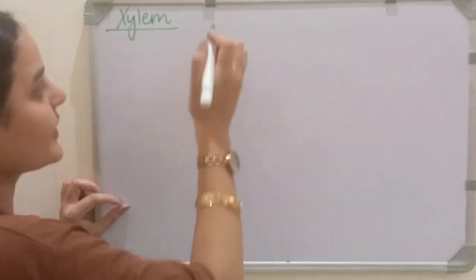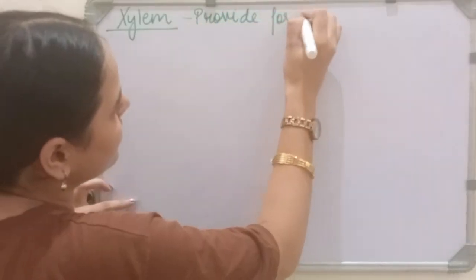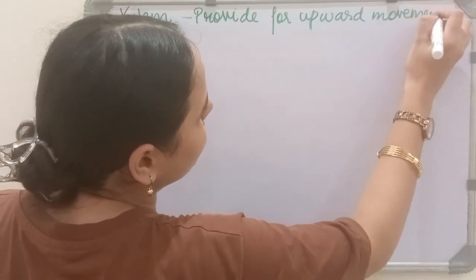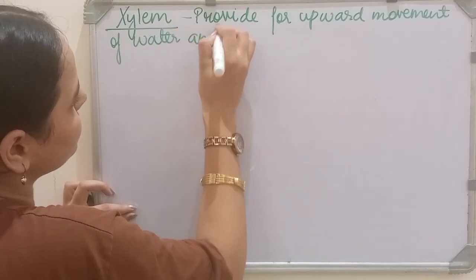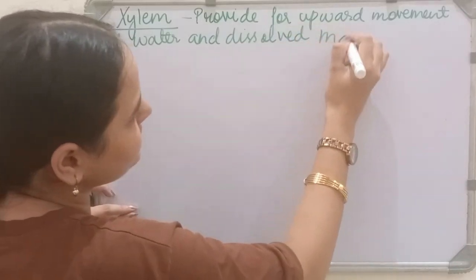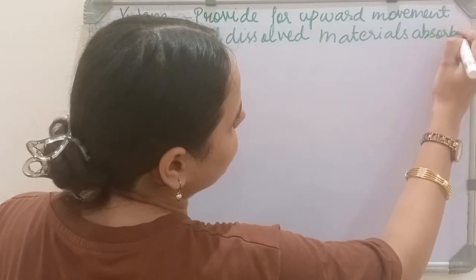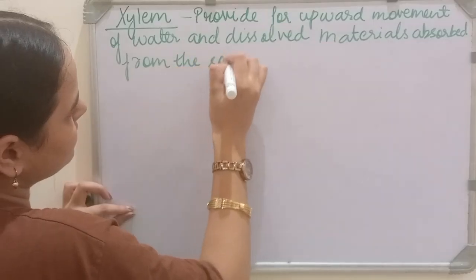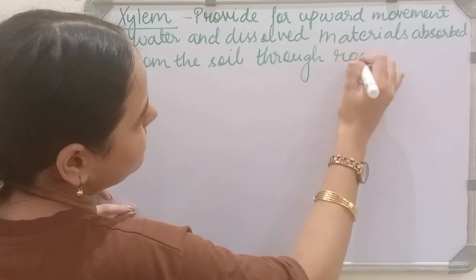So this xylem, it provides for upward movement of water and dissolved materials absorbed from the soil through roots.